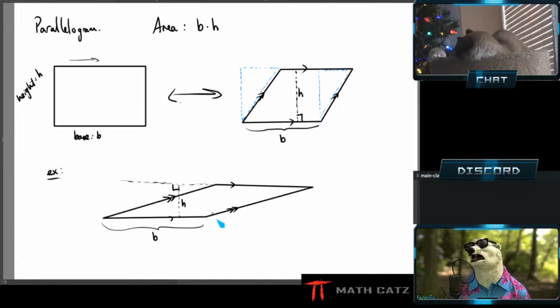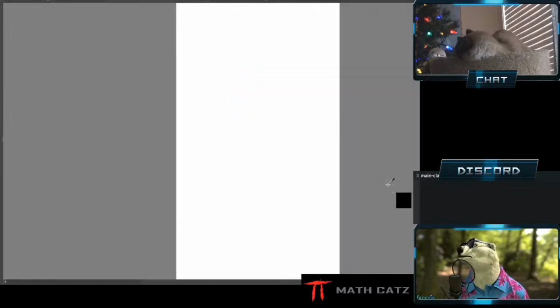Regardless, even though it looks a little strange perhaps, the height doesn't have to be a line connecting the parallel sides. It's just the distance between the parallel lines that sit on those sides. Okay. So we have the formula for a parallelogram, which you may have seen before, you may remember, you may not, I don't know, but now we have it.